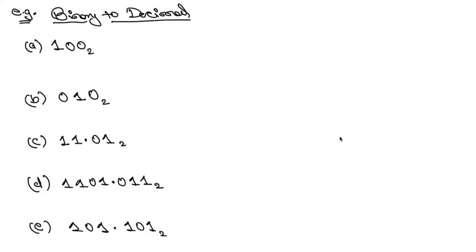Okay, starting with the first one. So first one, 1 into 2 to the power, how will you count? 0, 1 and 2. Plus 0 into 2 to the power 1 plus 0 into 2 to the power 0. 4 आया ना? 4.